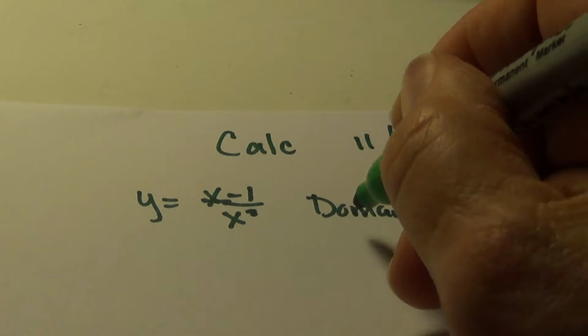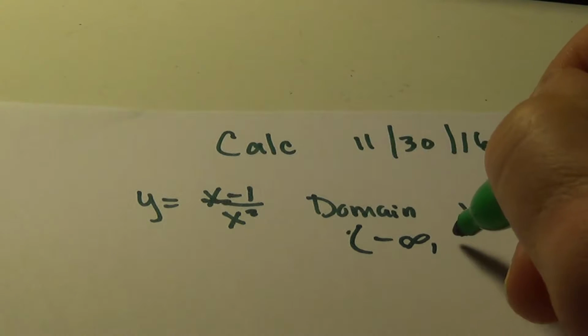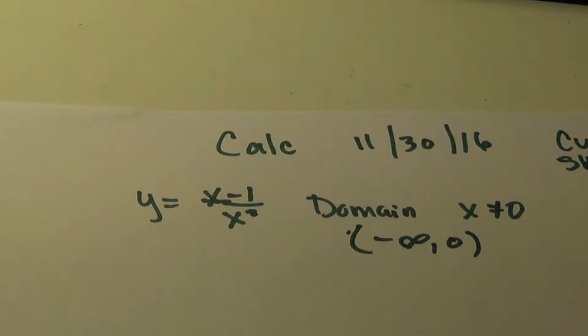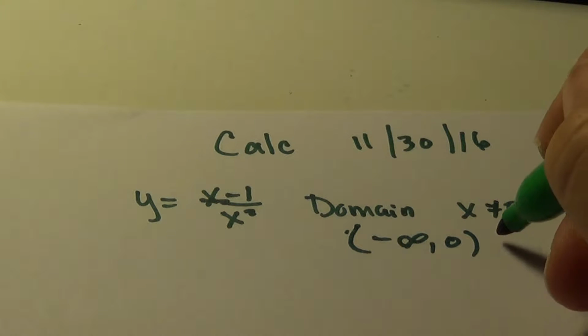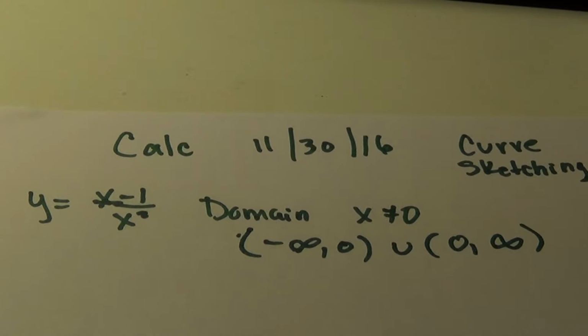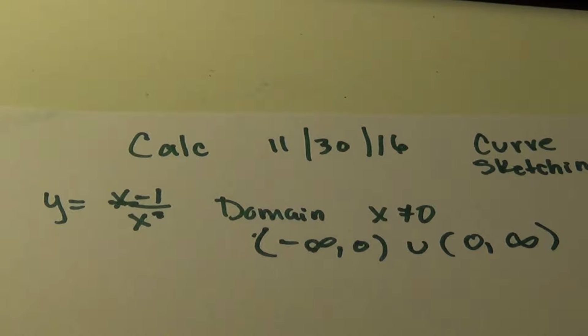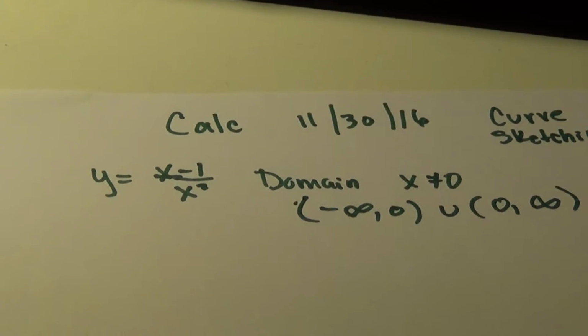So we can list the domain in a fancy way: negative infinity, comma 0, union 0, positive infinity. So that is a way to express x does not equal 0. Right, just for your interest.